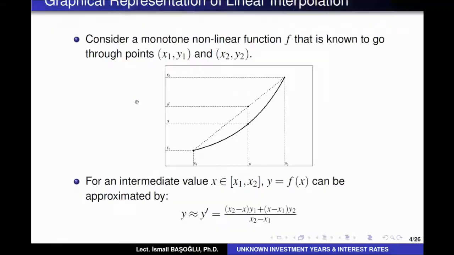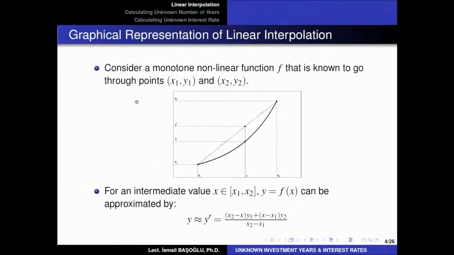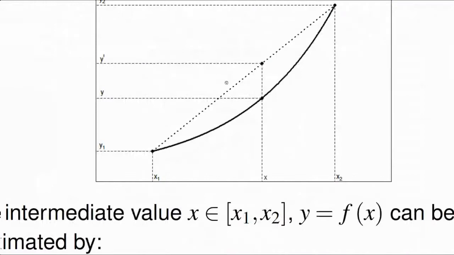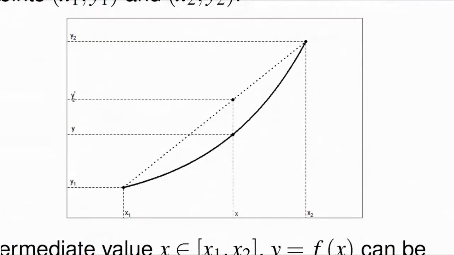We know how to formulate the linear function that goes through two points over a two-dimensional domain. However, I'm just going to show you another trick. In this picture, the y prime value will be an average of y1 and y2, but not an ordinary average.